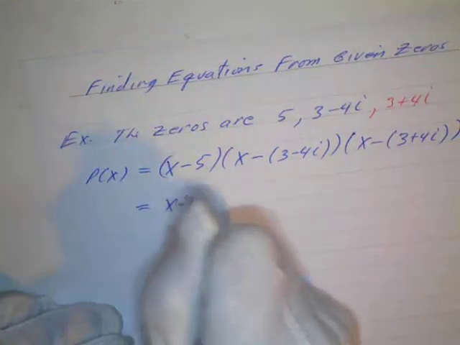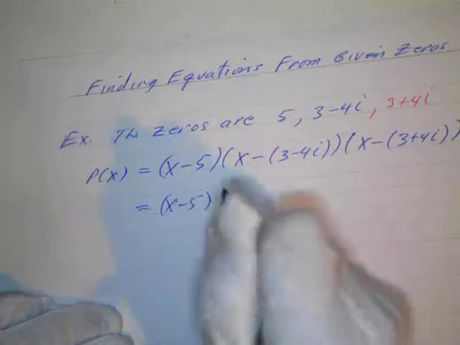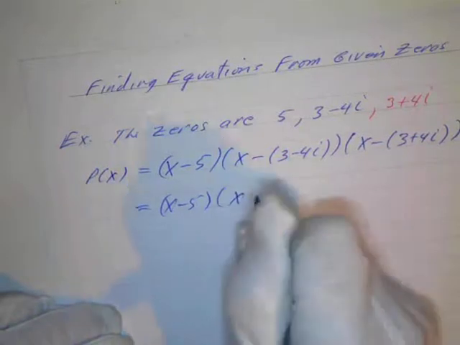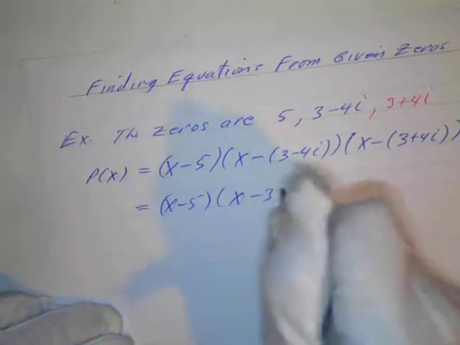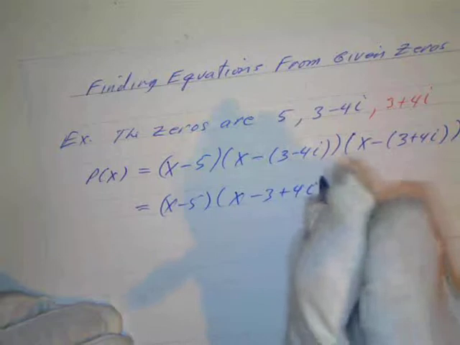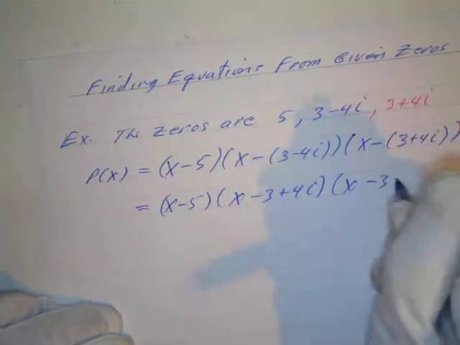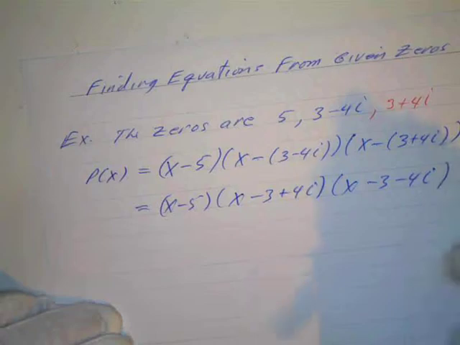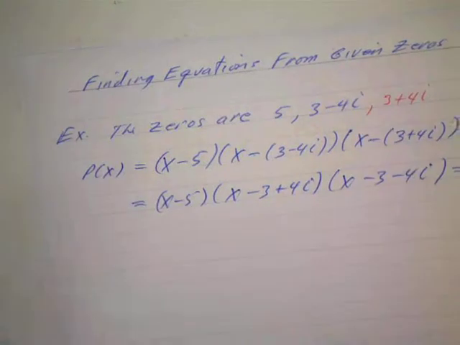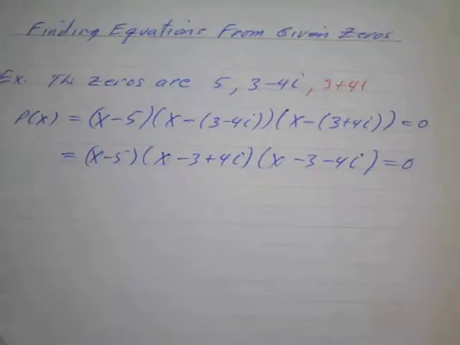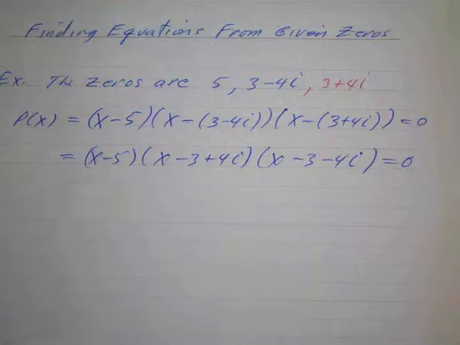So now I've got x minus 5, and then I've got x negative 3 positive 4i, and then x minus 3 minus 4i. That equals 0. So there we go. I hope you can see that. I got this kind of slanted, but there you go.